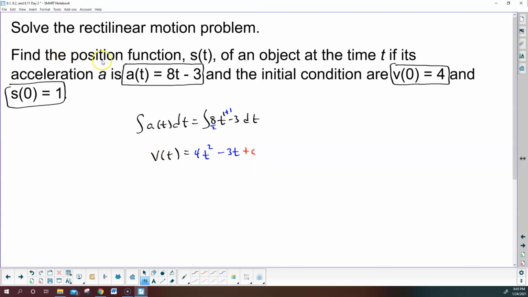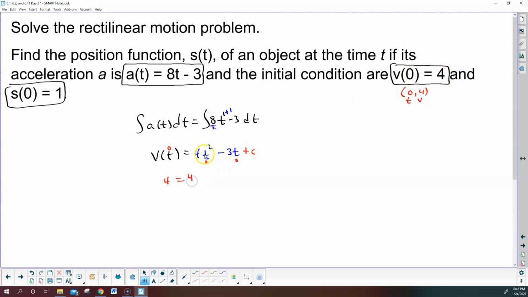Now this isn't position. I've got to find the position, but before I can find the position, I need to use the point 0, 4. When time is 0, velocity is 4. So if I plug in a 0 here, and a 0 here, and a 0 here, well, v of 0 is 4, right? That's what v of 0 is equal to.